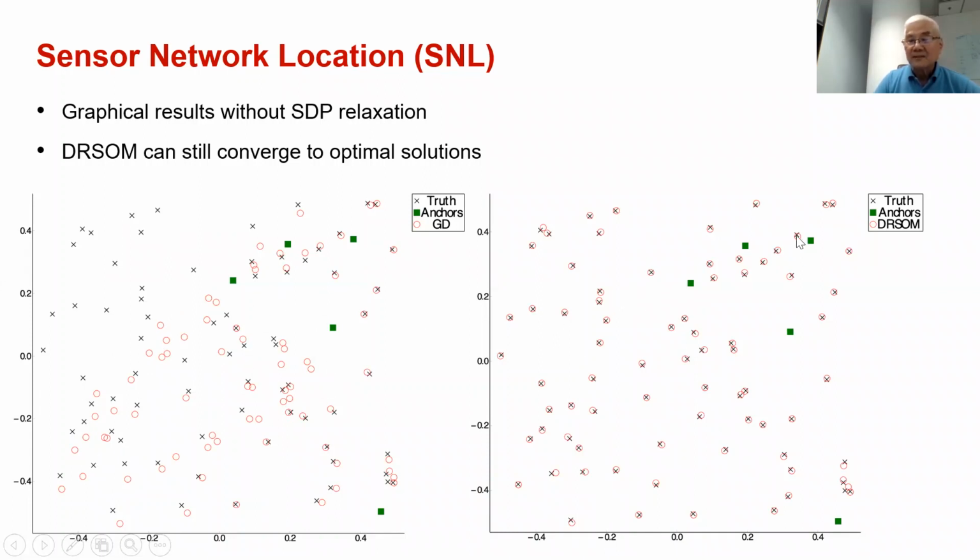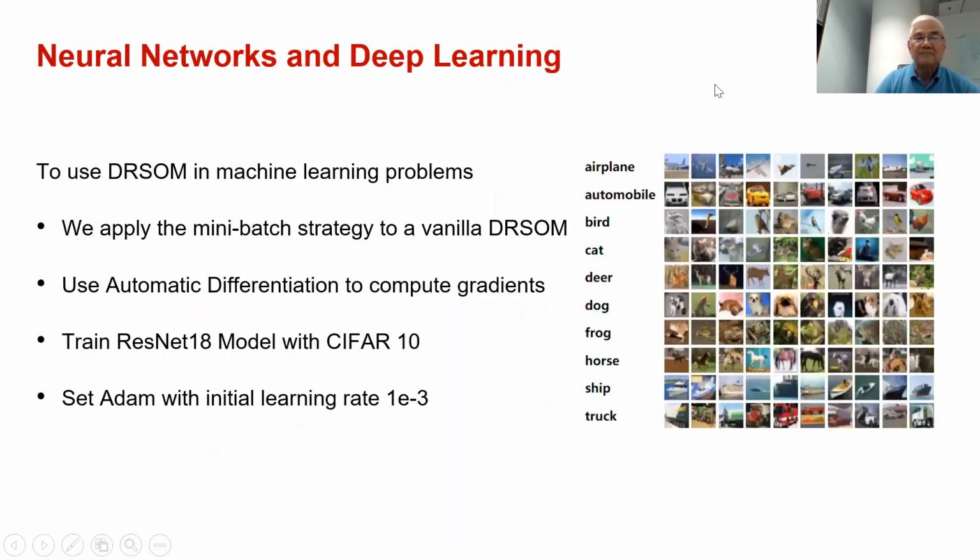However, for the second order method, the cross is still surrounded by the solutions found by the second order method. You're finding a global solution. So what's the message? The message is that second order information matters. The second order necessary condition matters, because the first order method only generates a first order stationary solution, while this generates a good second order stationary point.